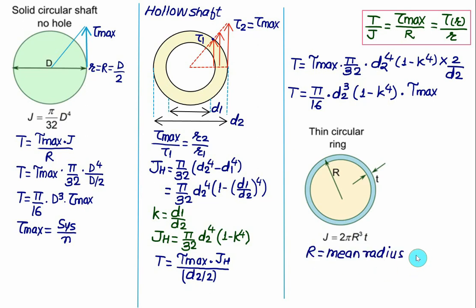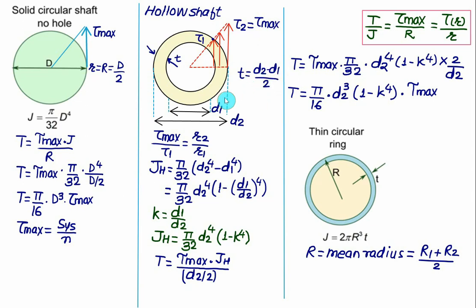This mean radius is the inner radius r1 plus outer radius r2 divided by 2. And t represents the thickness. So the thickness t will be equal to d2 minus d1 divided by 2.